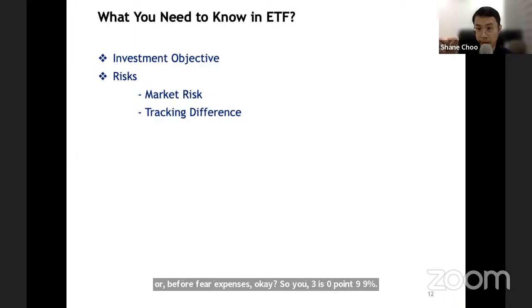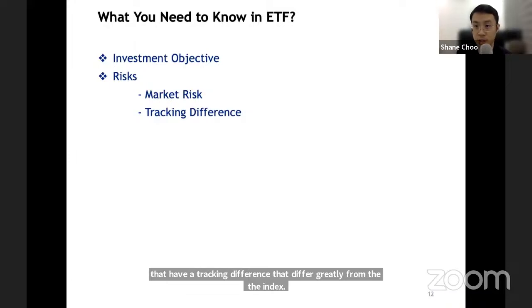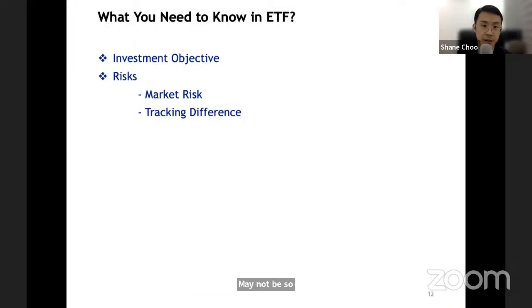So they want to minimize the tracking difference as low as possible. An ETF whose tracking difference differs greatly from the index may not be so efficiently managed. Okay, so this is the second risk that you must know.